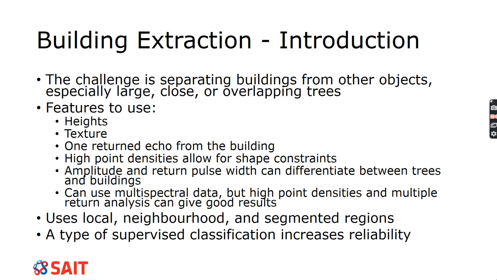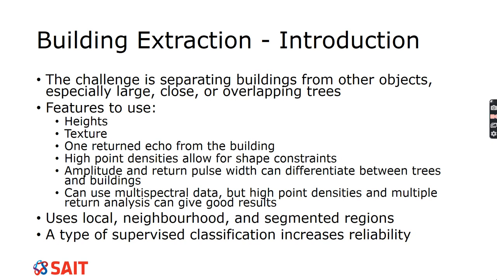One of them is the height, so I was talking about that. Another one is texture. Again, a building has a very clean echo, so the intensity tends to be a little bit higher, so we're not going to see as much diffuse scattering from the laser point. We also have the one returned echo, which is what I was talking about earlier, and also higher point densities we can use.